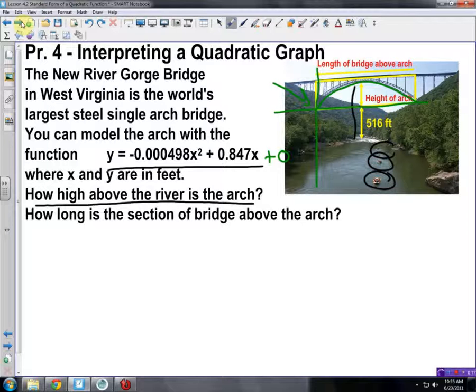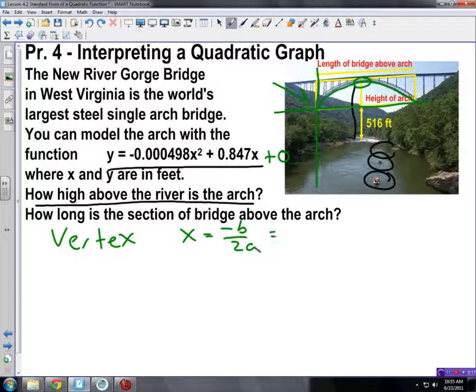All right? So first off, let's figure out how high this arch is. Well, the tallest part of this arch is going to be right here, which is the vertex. Vertexes are pretty important. So we need to find that vertex. We can find that by knowing that x is going to be equal to opposite of b over 2a.